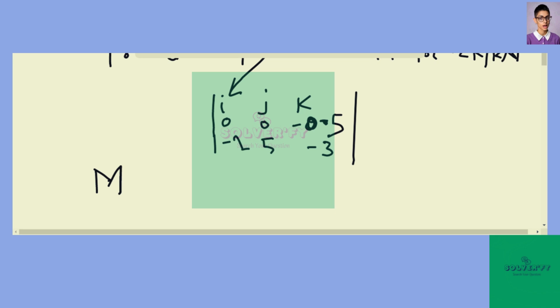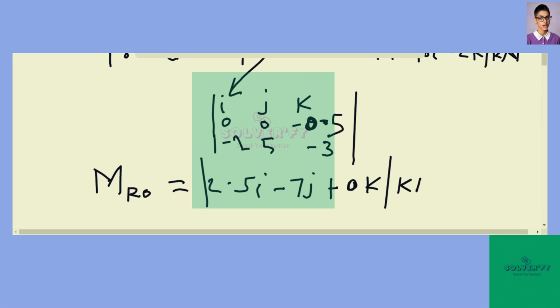We use matrices to solve it and determinant. You are going to have something that looks like 2.5i minus 7j plus 0k kilonewton meter.